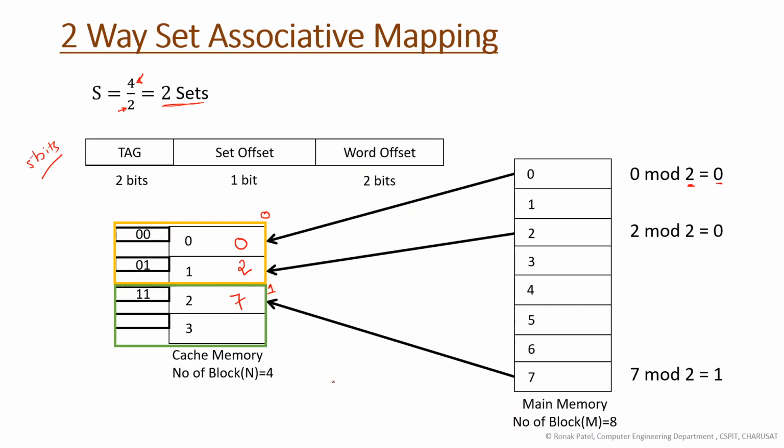Now, try for word number 9 again. It is 0, 1, 0, 0, 1. Divide like this: 2 bits for tag, 1 bit for set offset, and 2 bits for word offset. So in which set?